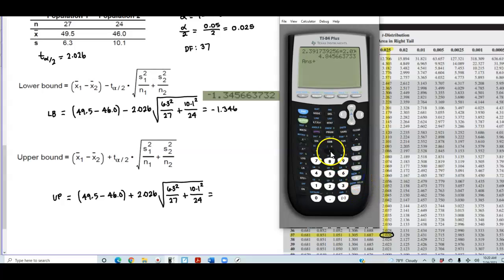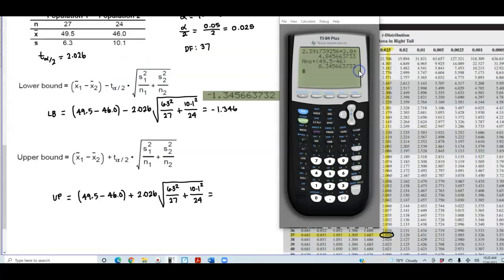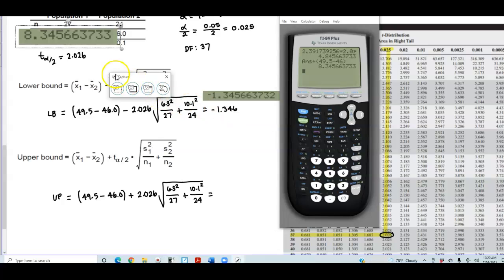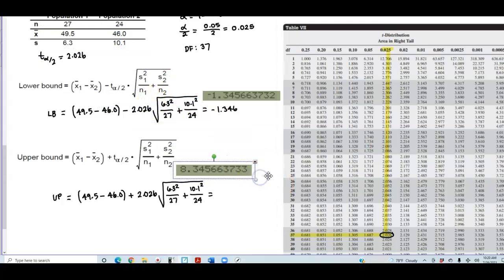And then we're going to add 49.5 minus 46. And that gives us the following result. Rounding that to 3 decimal places, then we get 8.346.